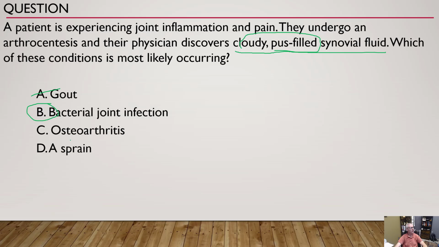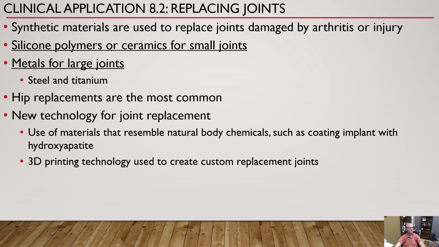So we'll get rid of gout. Osteoarthritis, remember that's the degenerative condition of your articular cartilage. And then a sprain, due to hyperextension. So bacterial joint infection will cause a cloudy synovial fluid that looks pus-filled. For a bacterial infection, just take some antibiotics, you should be good.